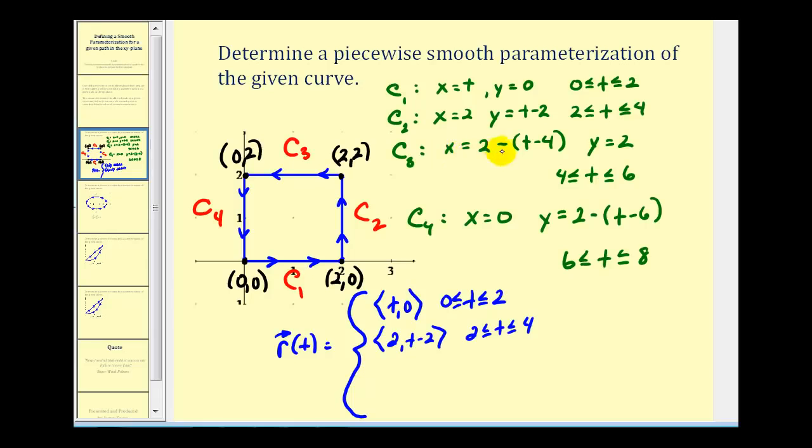Here we're going to have 2 minus (t minus 4), so it's going to be 6 minus t for the x component, and then y is 2. This is from 4 to 6. And for the fourth curve, ⟨0, 2 minus (t minus 6)⟩, that'll be 8 minus t, and t is from 6 to 8.